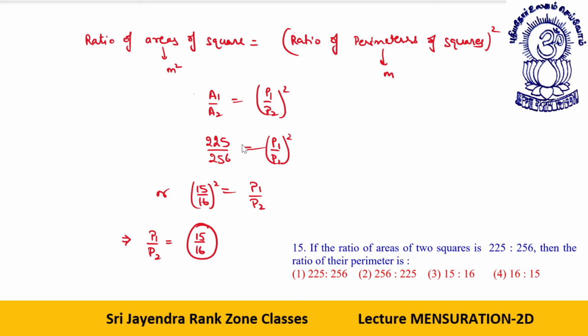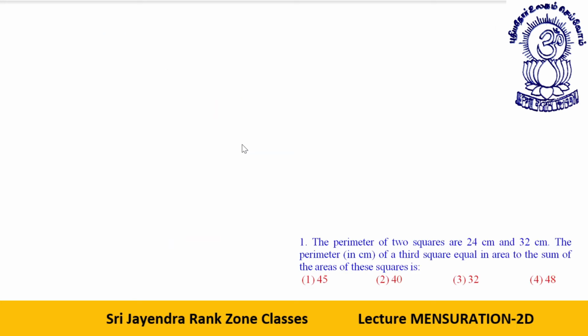Clear to all? Let's take the next. Perimeters of two squares are 24 and 32 centimeter. The perimeter of a third square equal in area to the sum of the areas of the two squares is? See, this is one square.